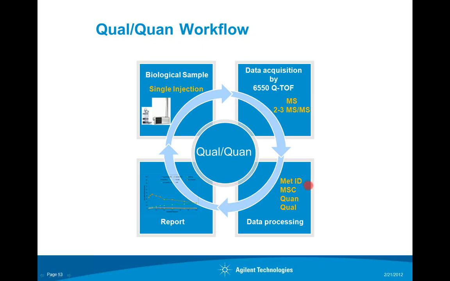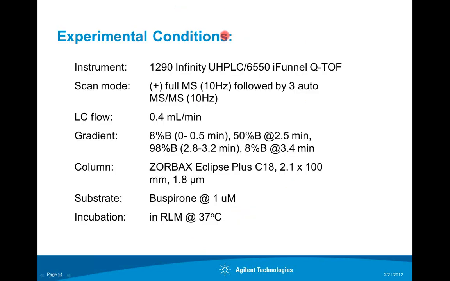These two software are used for the identification and the structure elucidation. MassHunter Quantitative Analysis software is also used for quantitation. So finally, the metabolic stability profile and the metabolite profiles can be established based on the quantitation results, and the Metabolite ID report and the Quant report can be generated accordingly.